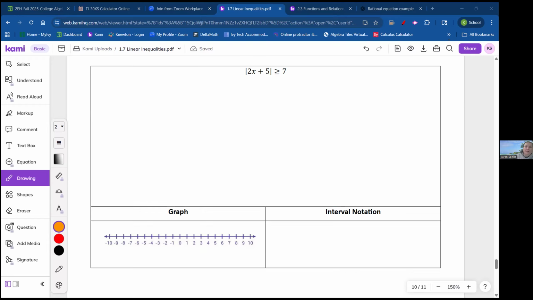Okay, again, this is a go, so it should be greater and or. So I have 2x plus 5 is greater than or equal to 7, or 2x plus 5 is less than or equal to -7.